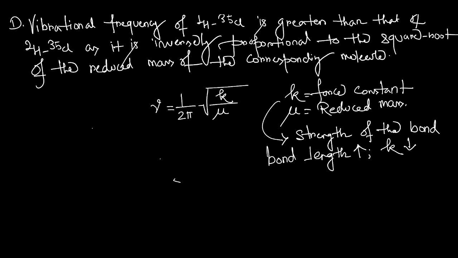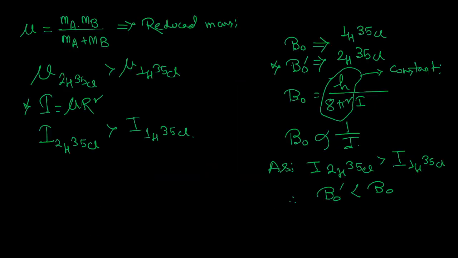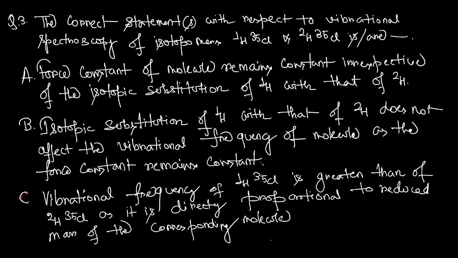Okay, so with this we can say that, as I mentioned in the last question, the bond length will marginally change. So if the bond length is changing, then the force constant value will not be constant. So therefore, on substituting 1H by 2H, meaning deuterium, the force constant will change. Okay, so this option is incorrect.